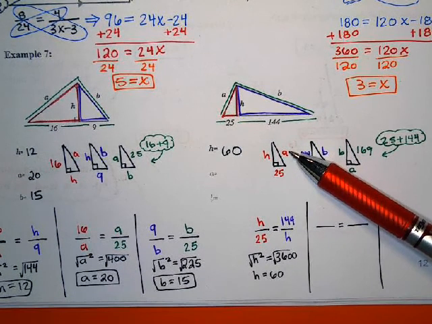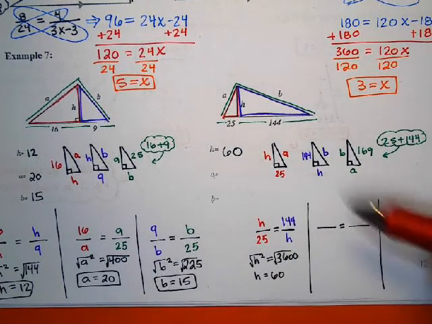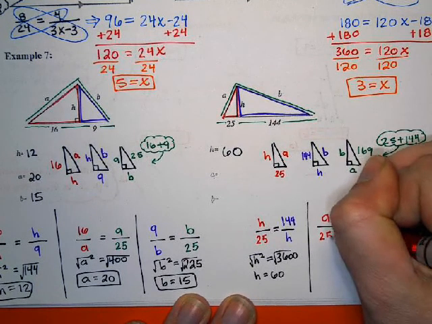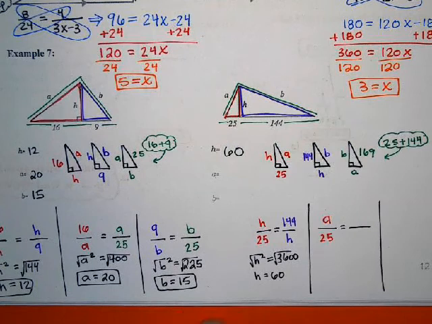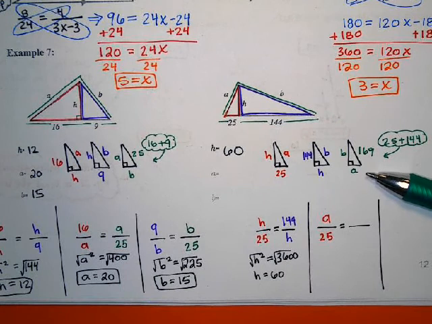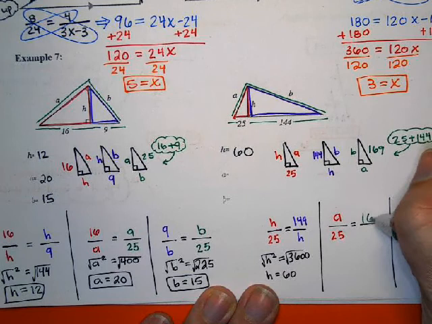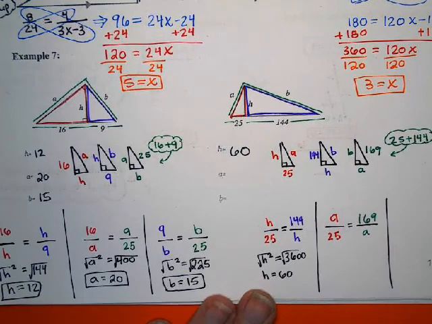Who can set up the red triangle for the letter A? What'd you put? A over 25. Alright. The other A is green.